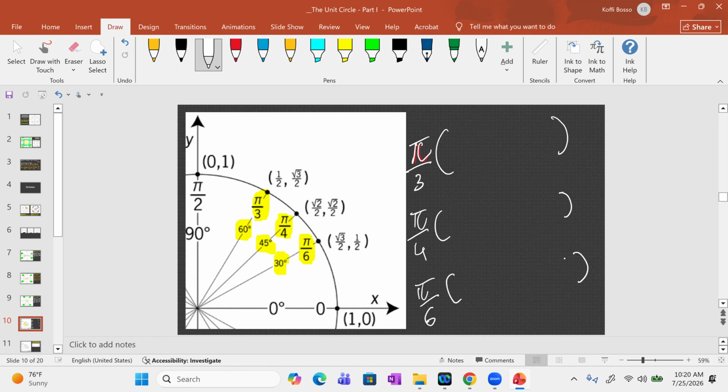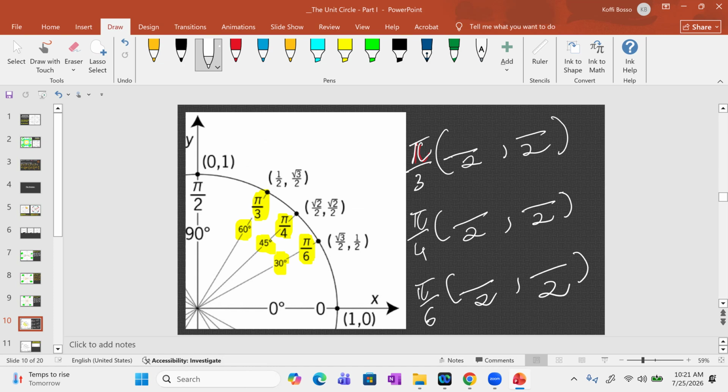So if you see all the coordinates for the reference angles, we have fractions. The x and the y value are fractions. And the fractions here have the same denominator, which is 2. So I will make that fraction with a 2 in the denominator, fraction with 2 in the denominator, fraction with 2 in the denominator.